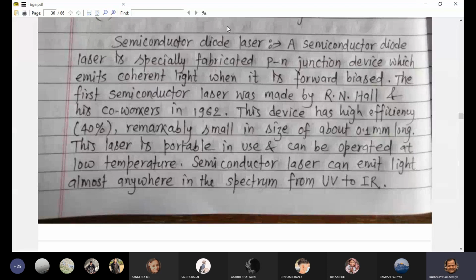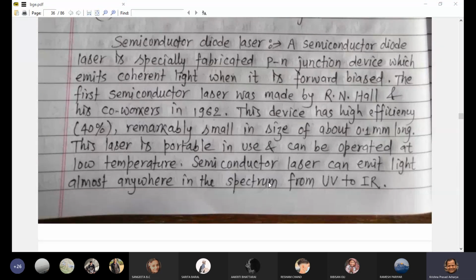The advantages of semiconductor diode laser are: it is small in size, so it is portable in use. Another is it has high efficiency, about 40%. Third, it can be operated at low temperature also.